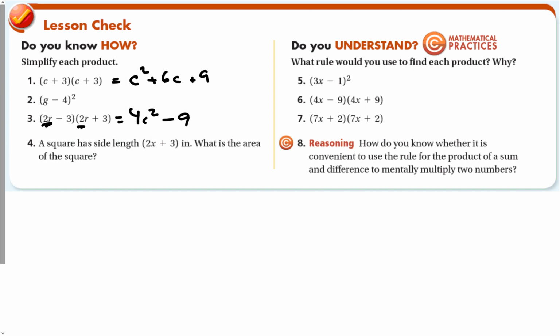Square has a side length. What's the area? Well, it's a square, so all the sides are the same. And the formula for the area of a square is one side squared. 4x squared plus 2 times 2 times 3, 12x plus 9.